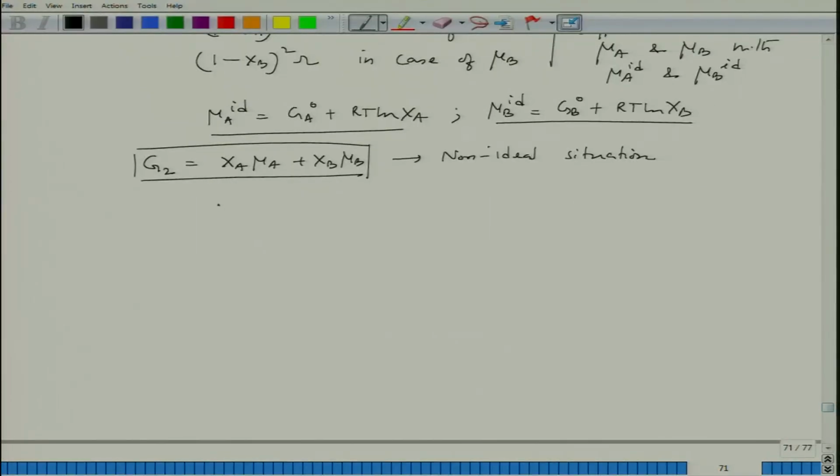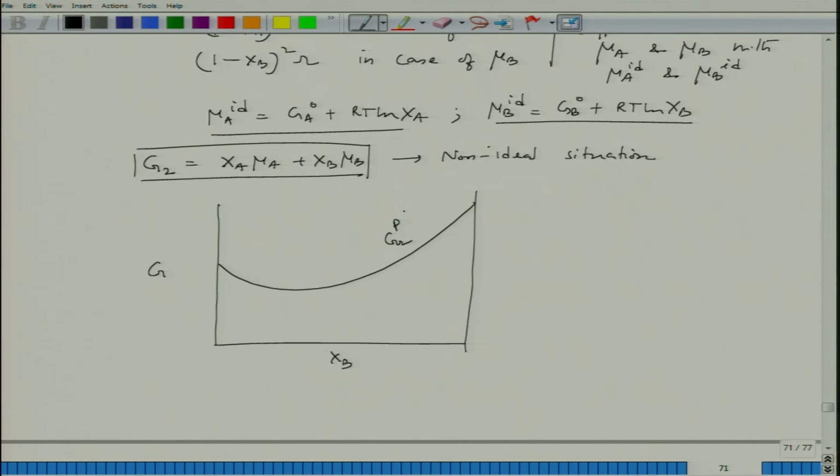So, for example, if I try to see this particular free energy composition diagram, let us say this is G, this is x_B, and in case of non-ideal situation, my free energy line is this, G2, let us say some phase, this P means phase.